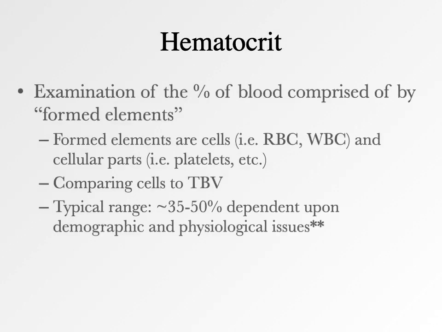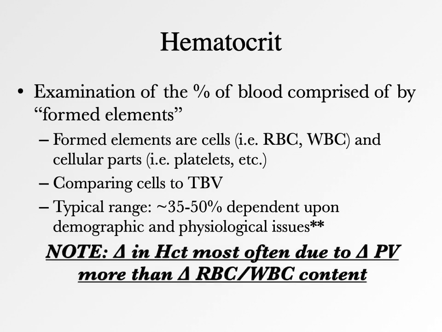So let's delve a little bit more into the issue of hematocrit. Now what we have to note is that the hematocrit will change based on a change in plasma volume, as it is an examination of the blood based on a percent of blood comprised of formed elements, which means that if we have a change in plasma volume, we're going to end up having a change in hematocrit.